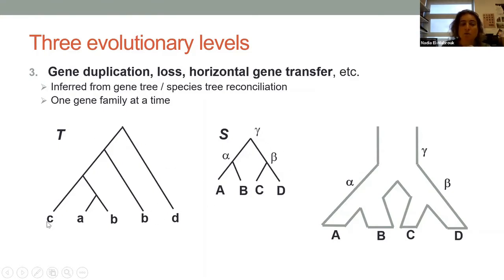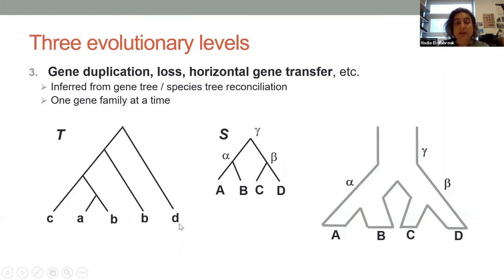So we have the gene A in genome A. We have two genes of this family in genome B, etc. As we have two B here, we see that this family has evolved by at least one duplication in genome B.